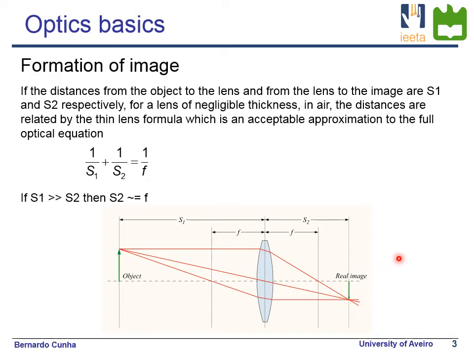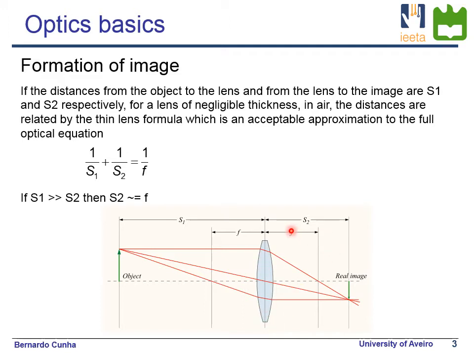The most relevant measurements that we have to consider here is that we are assuming that the object we are observing is at a distance s1 from the lens. We are also assuming that our sensor is at a certain distance s2 from the same rotational axis of the lens.